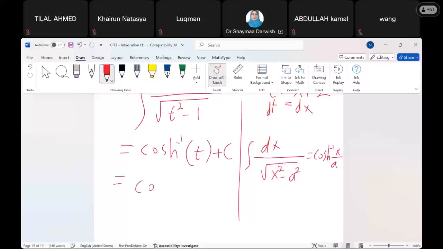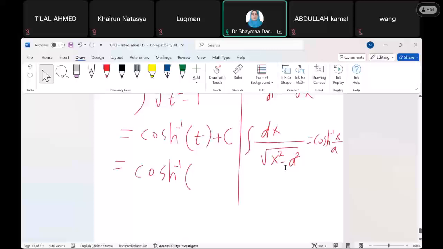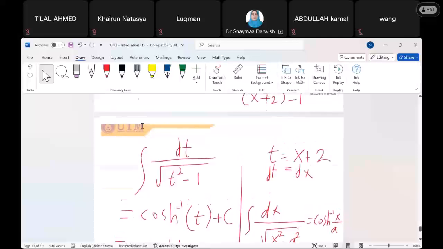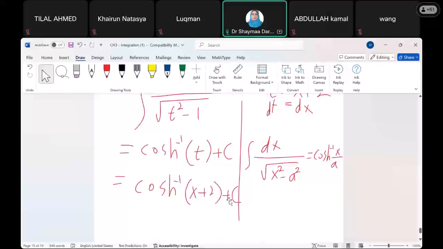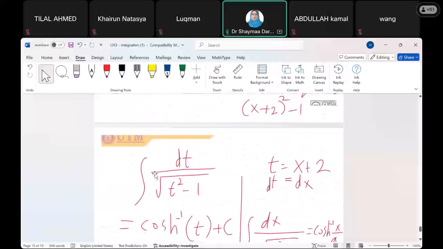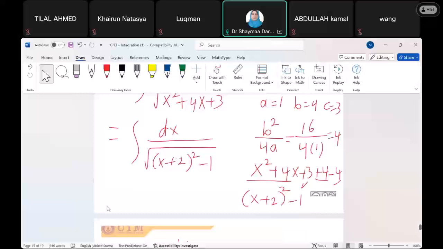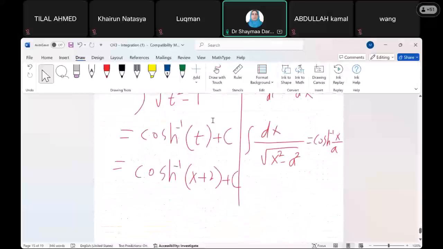Write it back in terms of x. Then cosh inverse, where t here is x plus 2. Some students can write directly cosh inverse of x plus 2 plus constant, which is also correct, without substitution.